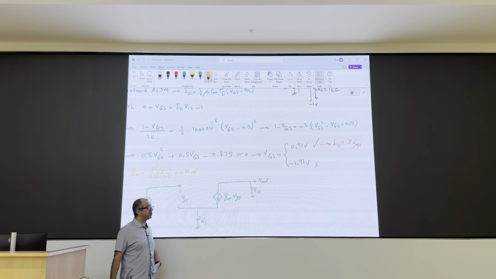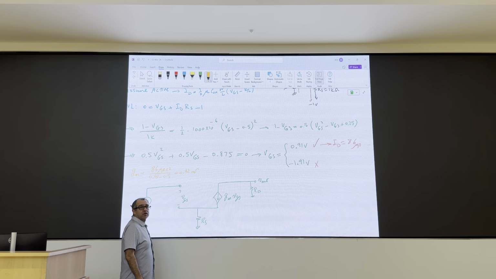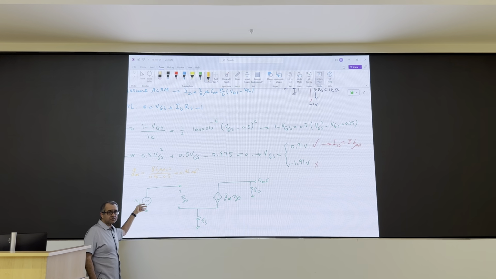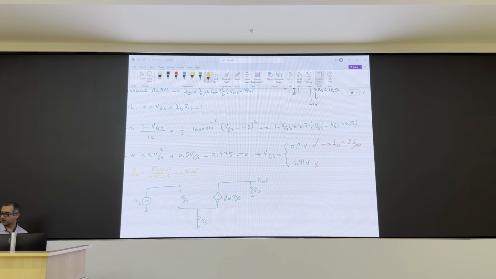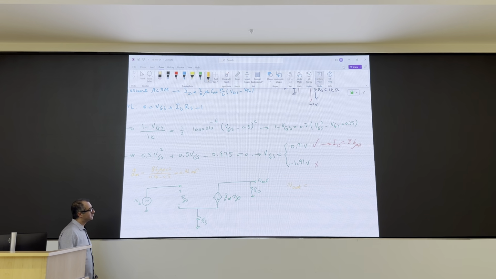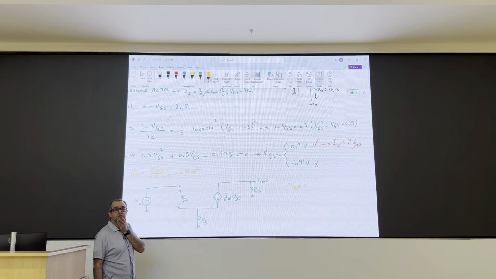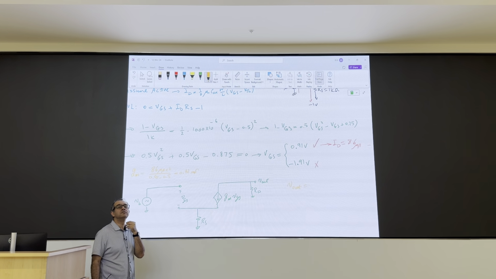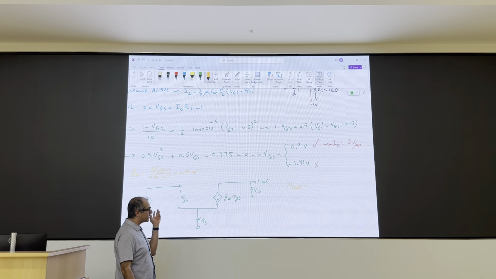I need to find V out over V in. That was what the question wanted. So I start from in. I need to find V out. So what is V out in this circuit? ID RD, but it's small signal ID.